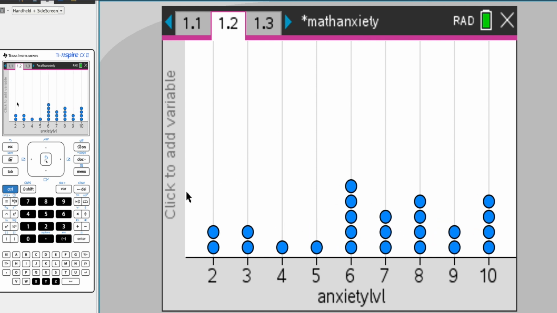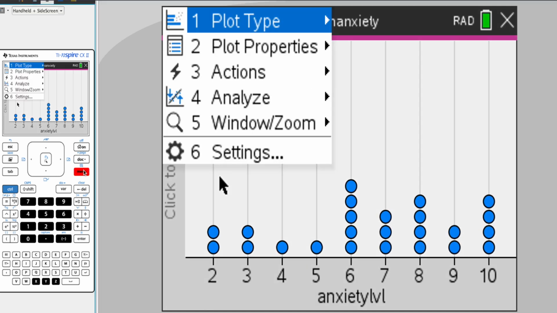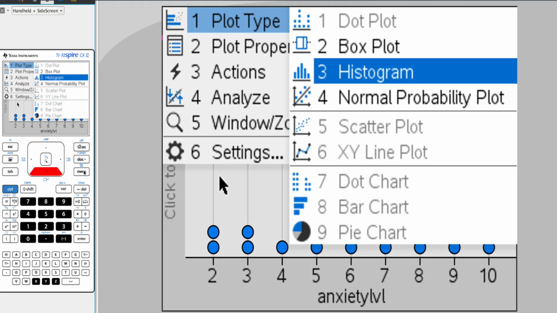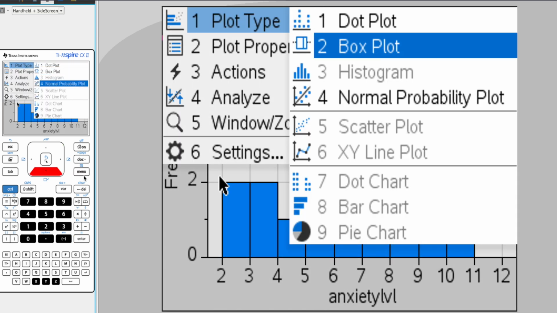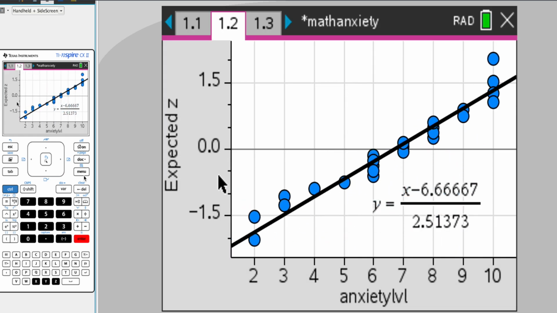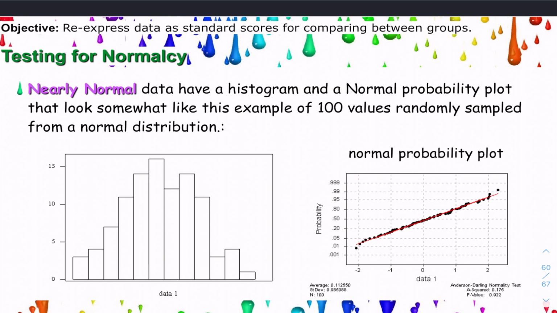If I want to switch that from a dot plot to a histogram, I just select 3. If I wanted to select a normal probability plot, I will then transfer this to a line. And what we are looking for is to see if all of the dots fall along our line, and we don't have too many outstanding features.